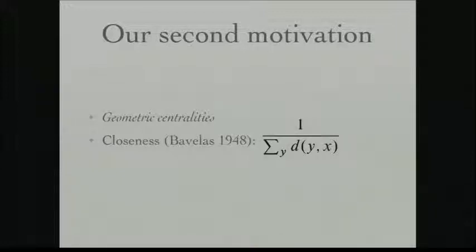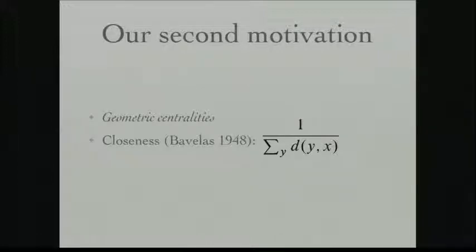You might be familiar with Bavelas's closeness, 1948. The idea is that you take the sum of the distances to you; if this is large, you are peripheral, because there are a lot of nodes far from you. Then you take the reciprocal to have centrality growing as peripherality decreases.